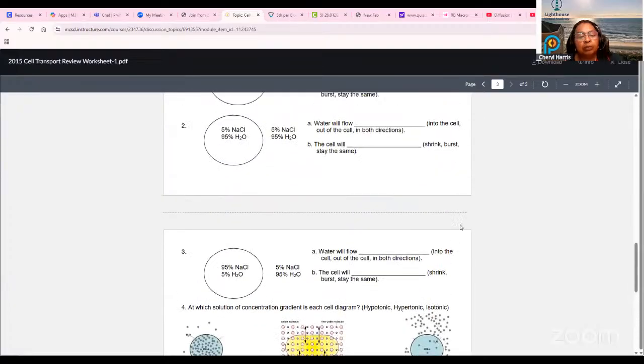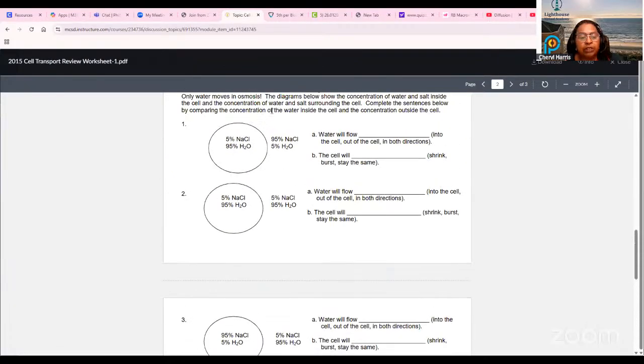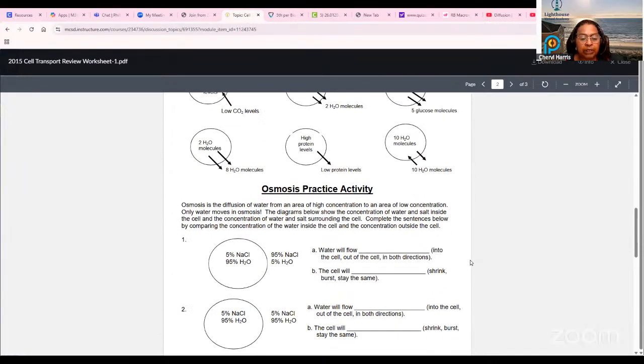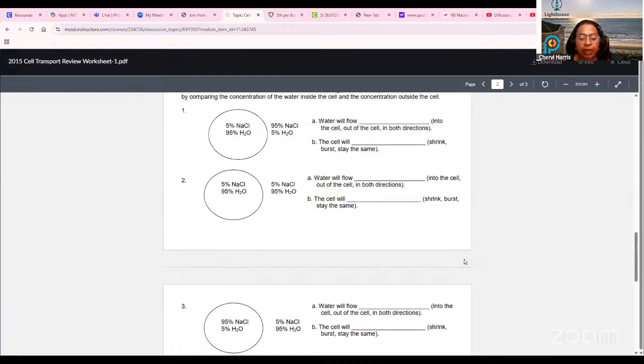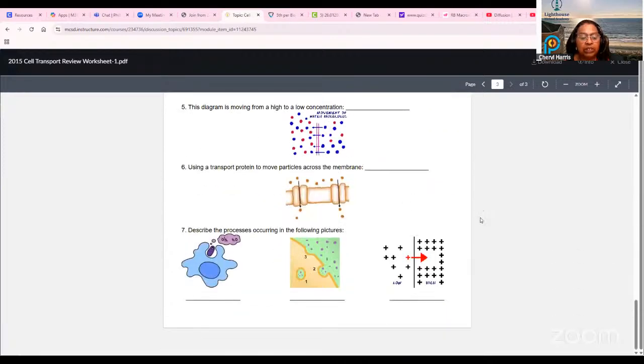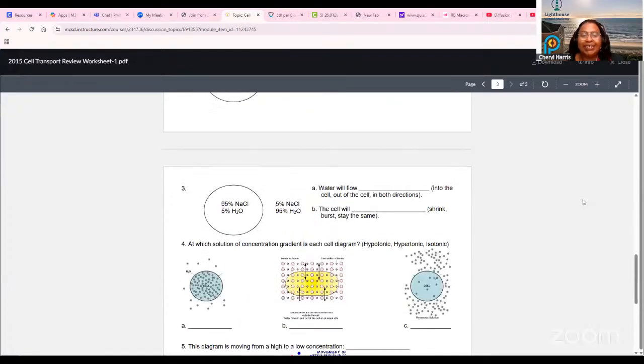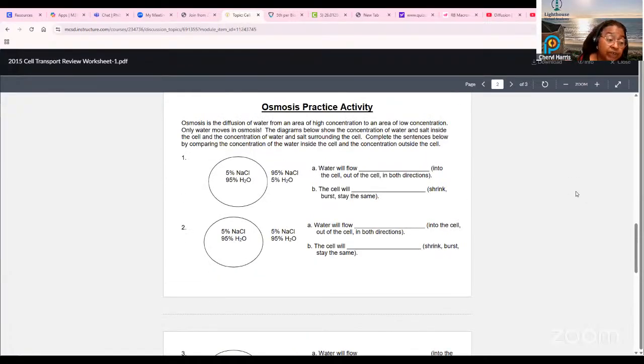See if you can get as far as question 3 on this section of osmosis practice, and then we'll talk about the other ones next class. We haven't defined those two words yet, in your glossary either.